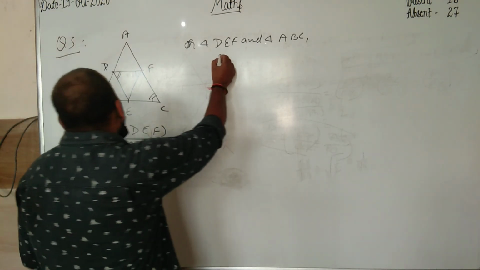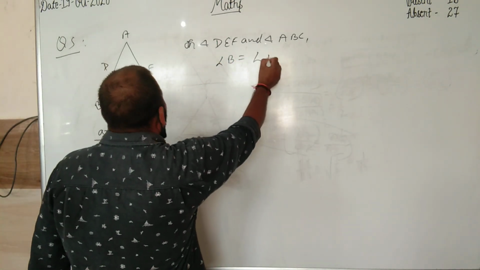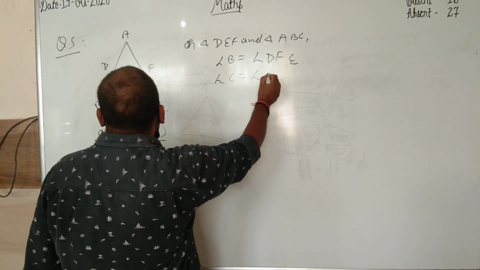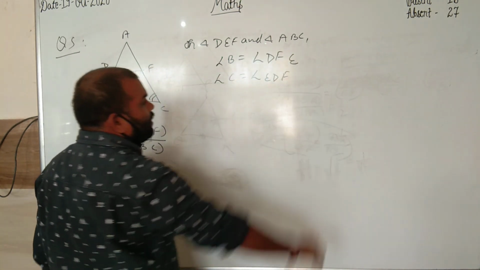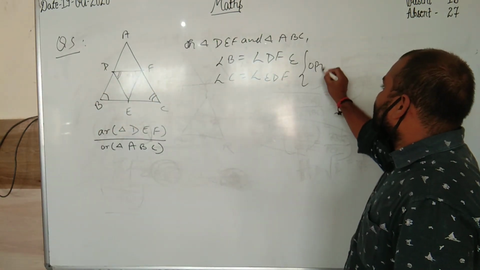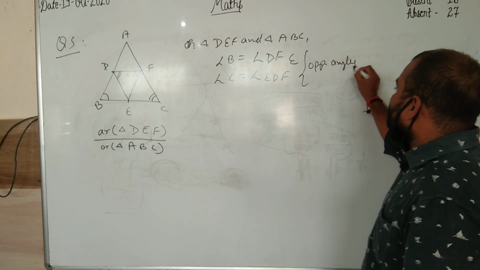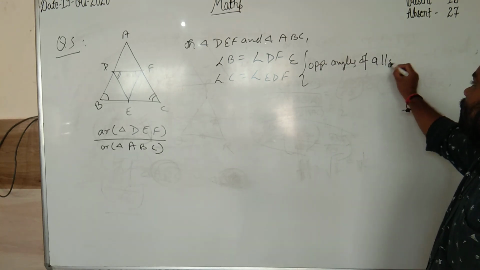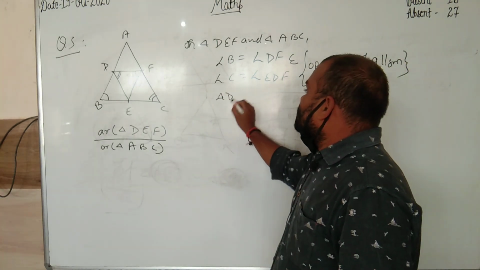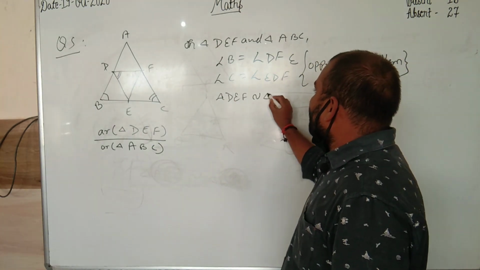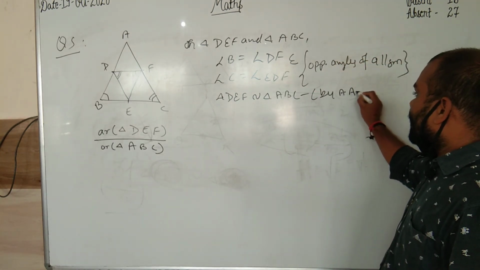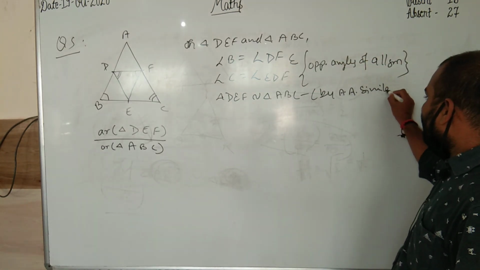So angle B is equal to angle DFE and angle C is equal to angle EDF. Reason? Opposite angles of a parallelogram. Clear? So triangle DEF is similar to triangle ABC by angle similarity.